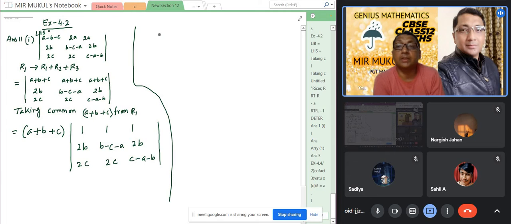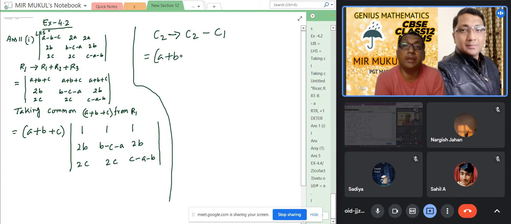Use the operation C2 goes to C2 minus C1. Then we'll get A plus B plus C, then 1, 2B, 2C, here 0.